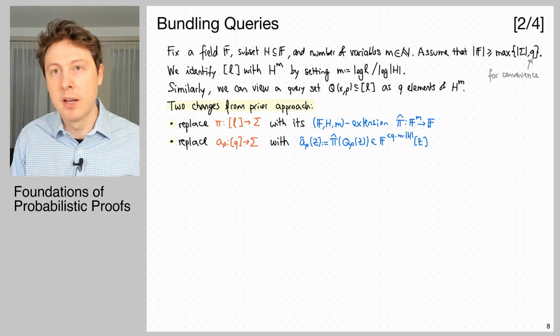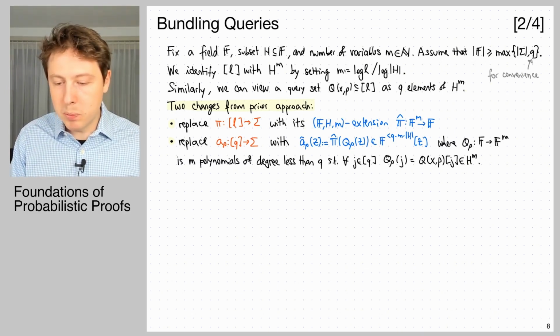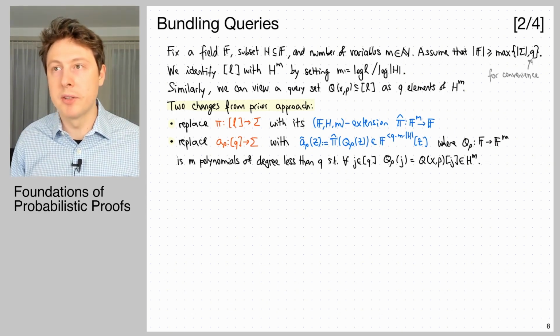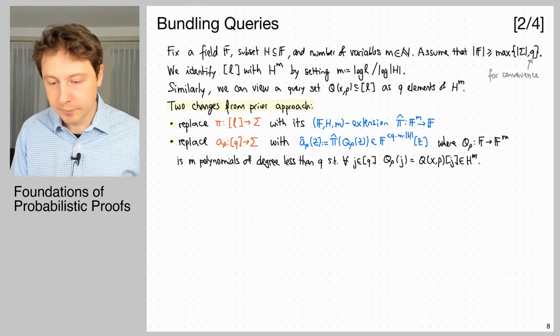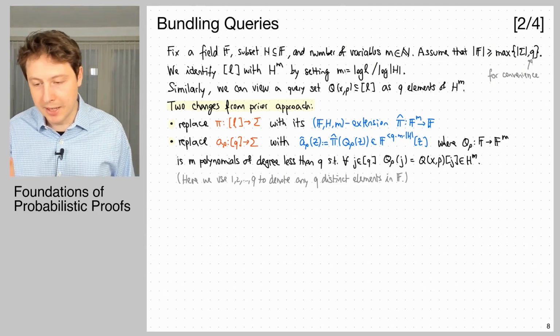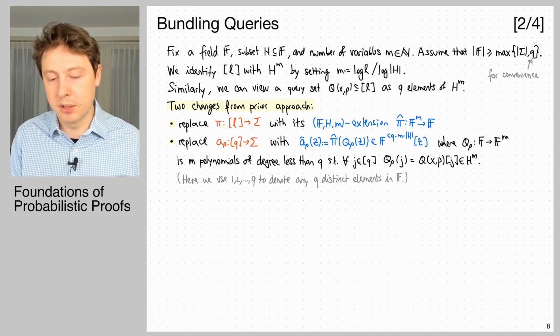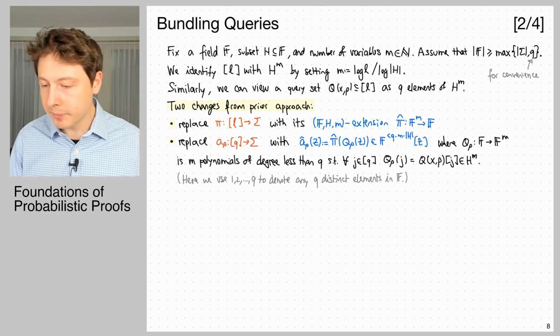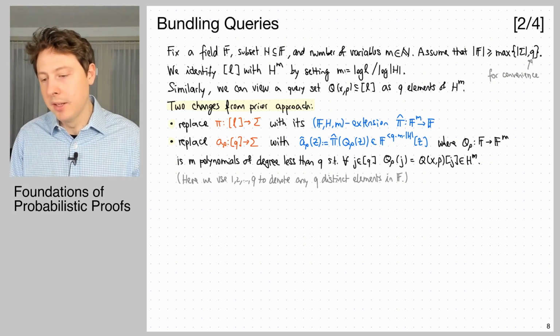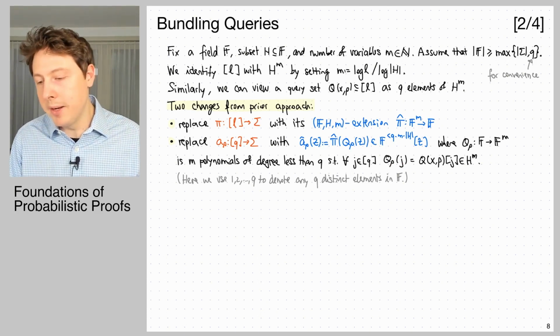And what is this thing here? This thing is a polynomial, okay? This is a polynomial that interpolates the indices of the queries. So basically, for convenience, let's just say that we have q. This is where I'm using this part here. Again, it's not very important. Let's say that I'm just calling 1 through q distinct elements in the field, and I'm just going to associate the value of this polynomial at index 1, 2, 3, 4, 5.